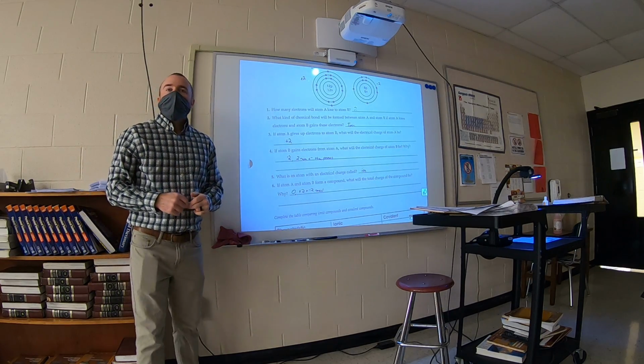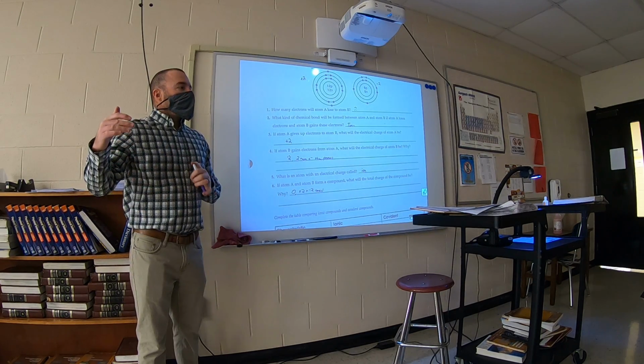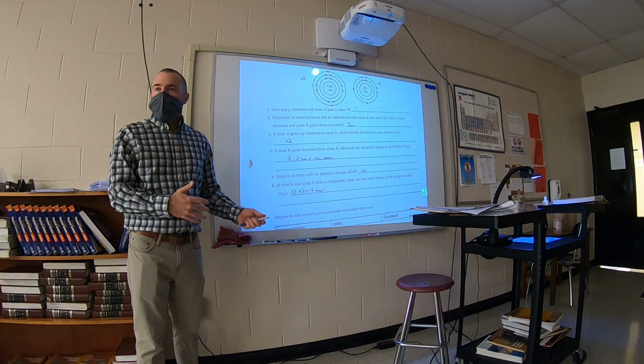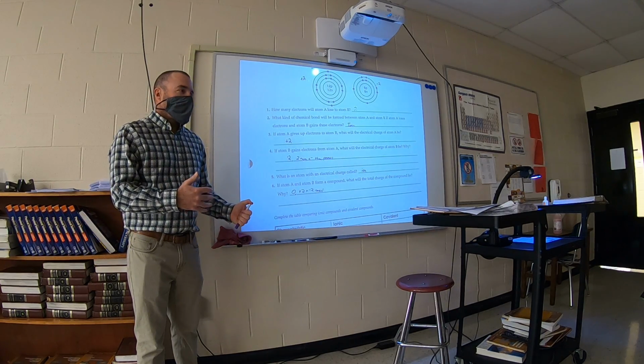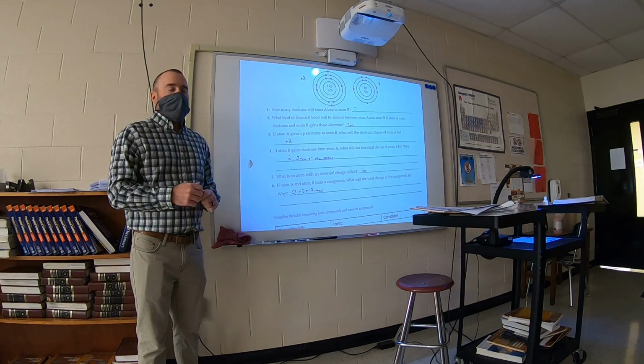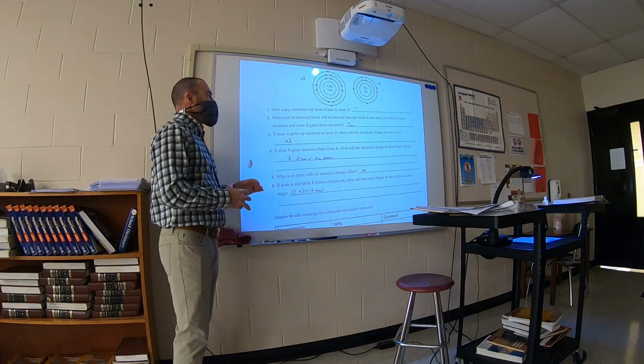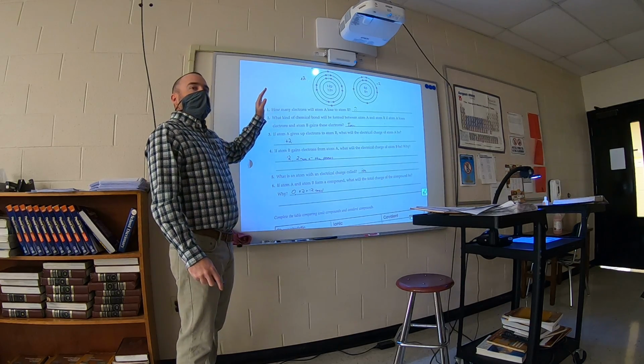Does that make sense? Every ionic compound that we talk about in the end should be neutral. If it's not neutral, it's not balanced. It's not going to be the way that it forms. As we go through this chapter, make sure that you understand that it has to be neutral.